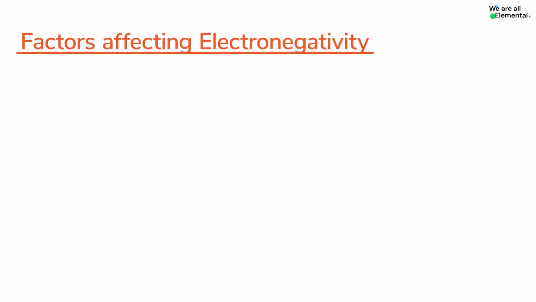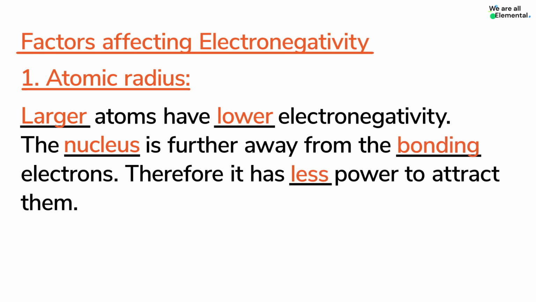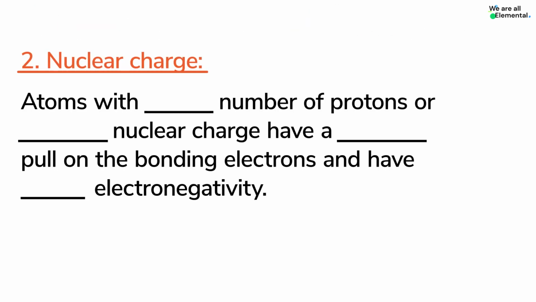Now let us understand the factors affecting electronegativity. The first is the atomic radius. Larger atoms have lower electronegativity, and this is because the nucleus is further away from the bonding electrons, therefore it has less power to attract them. Then we have the nuclear charge.